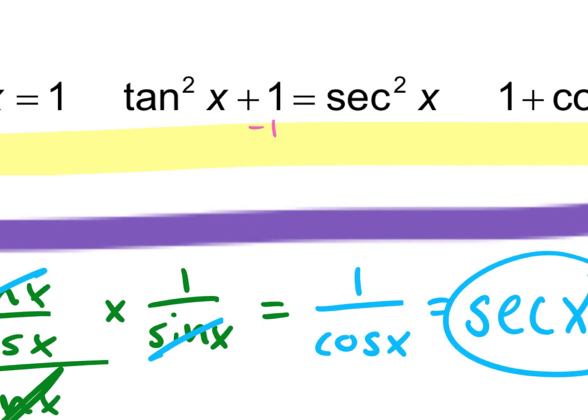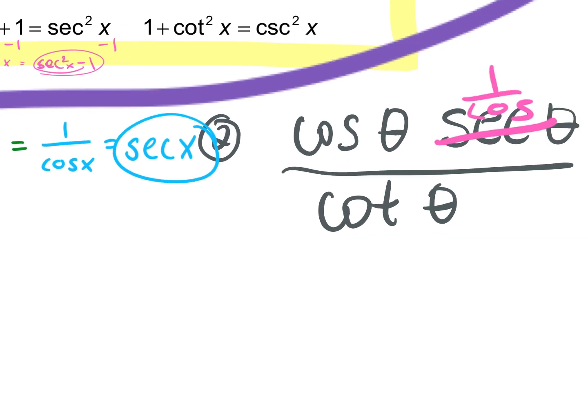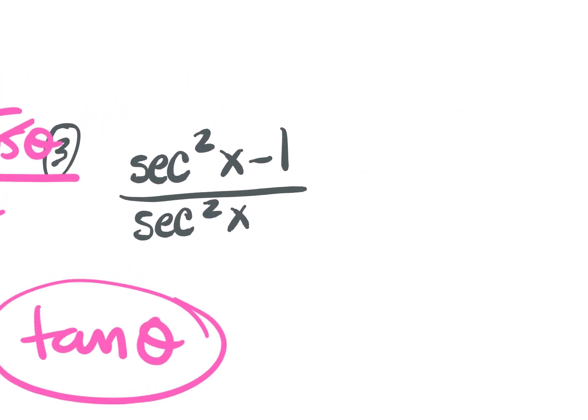If I subtract 1 on both sides here, we have tangent squared is equal to secant squared minus 1. So I'm going to take the secant squared minus 1 from my equation and replace it with tangent squared. So going to number 3, I'm going to replace secant squared minus 1 with tangent squared.